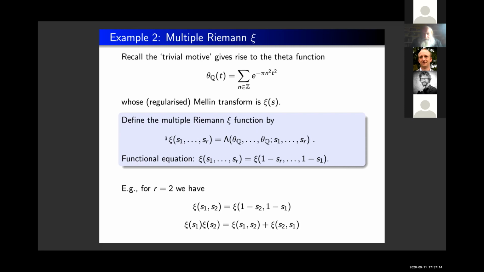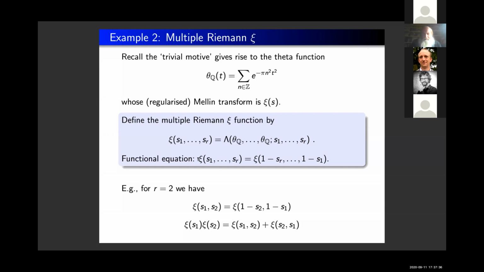And you could call this function the multiple Riemann psi function, because in the case r equals 1, it gives the function that Riemann defined. And it satisfies this functional equation here: psi of s_1 up to s_r is psi of 1 minus s_1, up to 1 minus s_r.